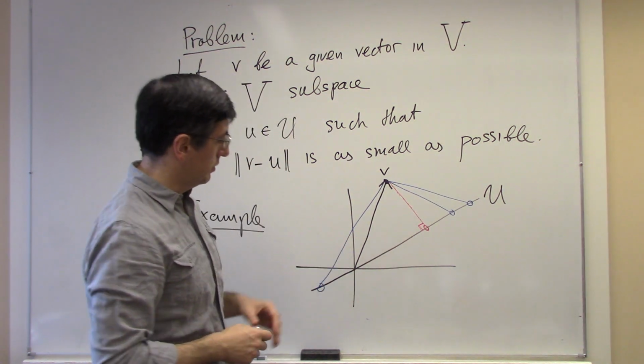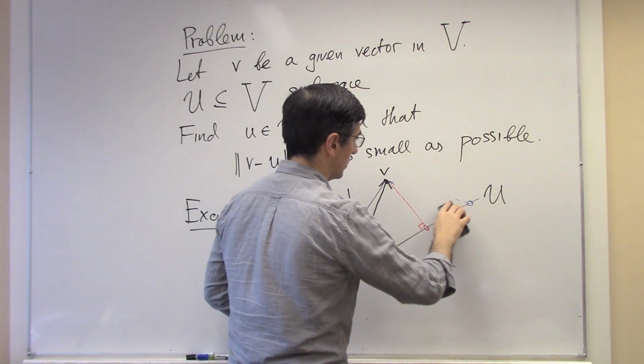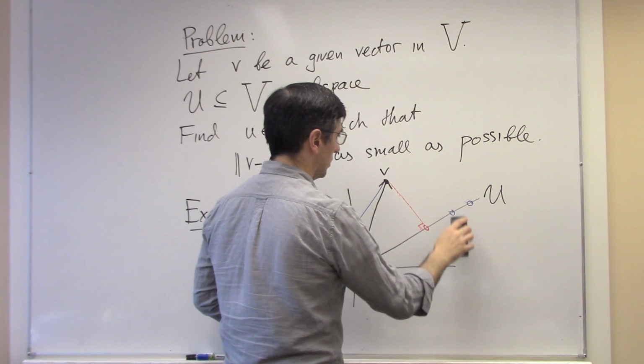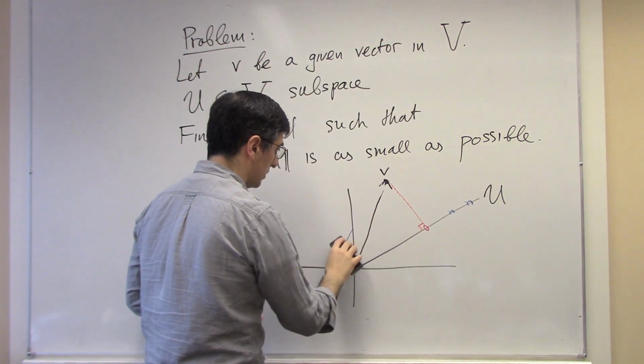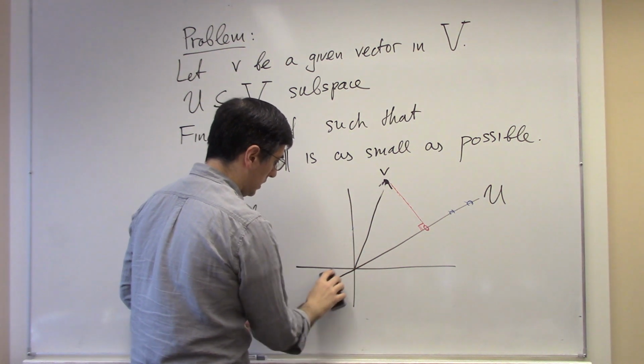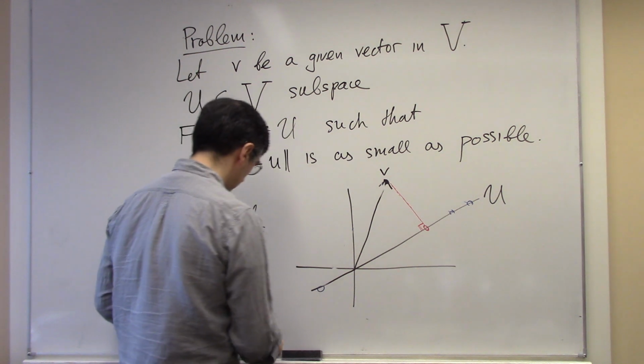Well, if you think about this for a second, what's the significance of this point? The significance of this point is in the fact that it is the orthogonal projection, right?